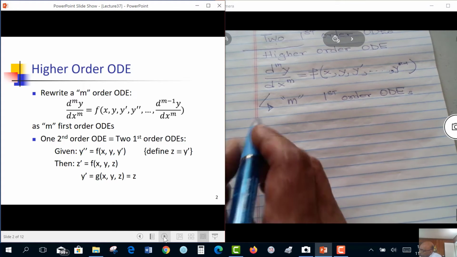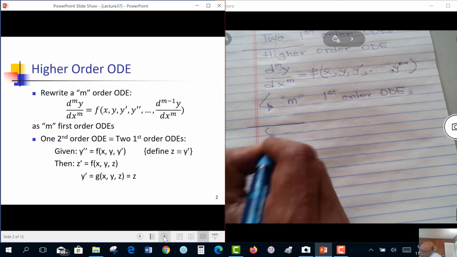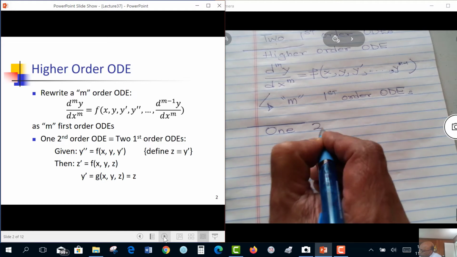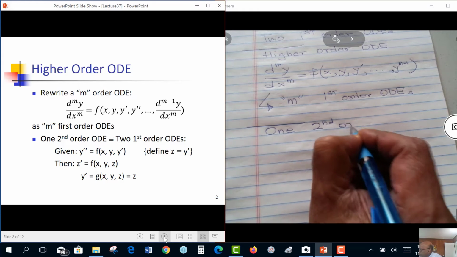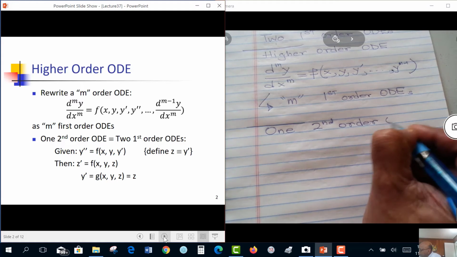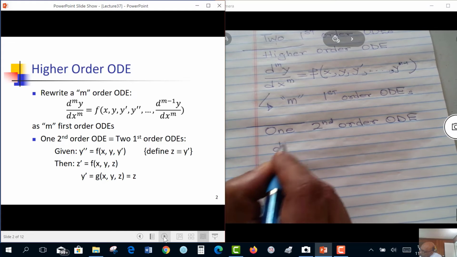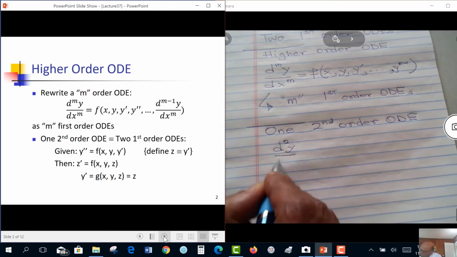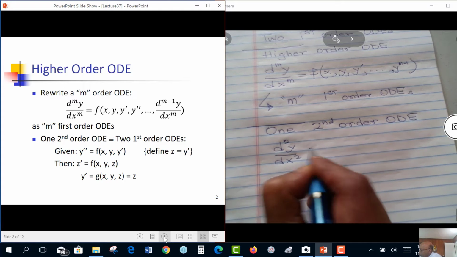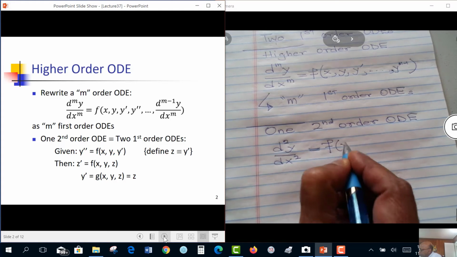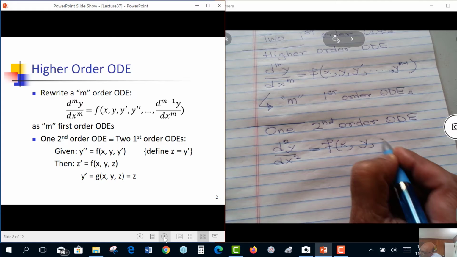So now let's consider, for example, a second order ODE. So a second order ODE would be the second derivative of y with respect to x squared is a function of x, y, and y prime.